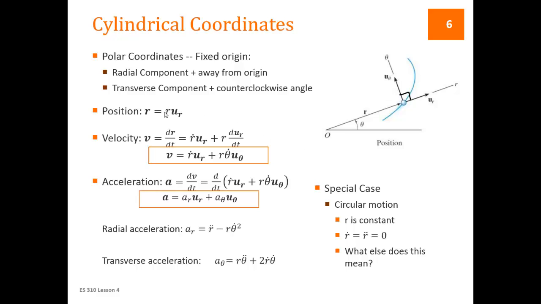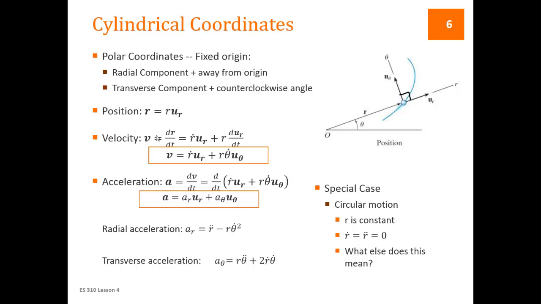So if we have a position r, then the position of this particle is purely in the UR direction. In the normal tangential coordinate systems, we only ever had one component of the velocity. Here we only have one component of the position. You're never going to have a transverse part of the position.